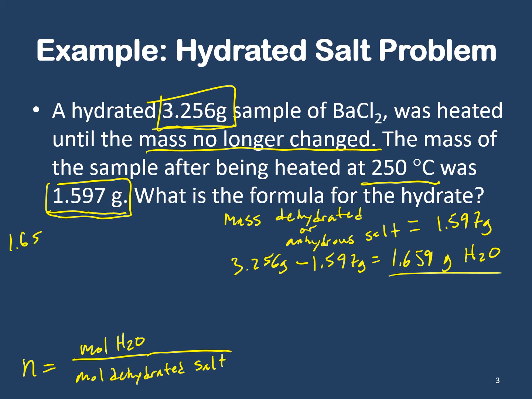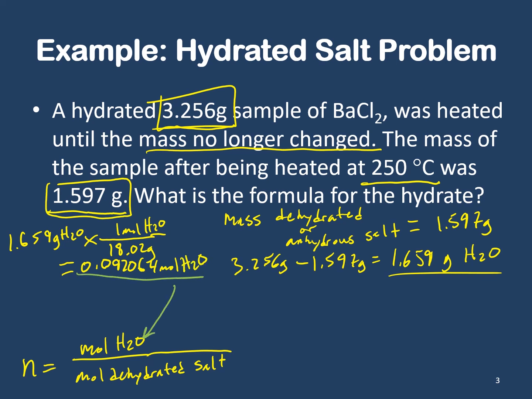So I can take 1.659 grams of H2O and divide this by the molar mass, 18.02 grams per 1 mole of H2O, to get the moles of water. This will give me 0.092064 moles of H2O. So this value is going to go here.